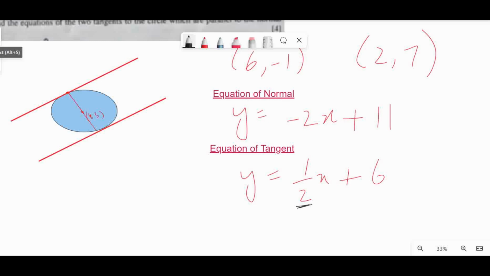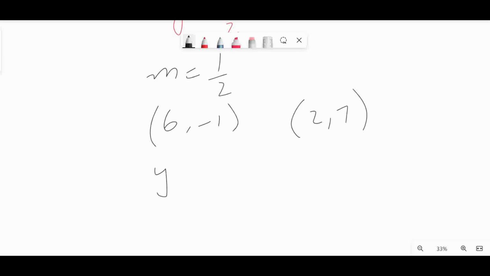Let's simplify this. The first equation of the tangent line will be y is equal to 1 by 2x minus 3 minus 1. So the first equation of the tangent line will be y is equal to 1 by 2x minus 4.